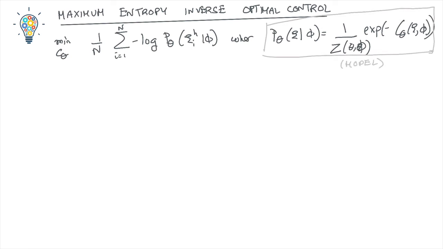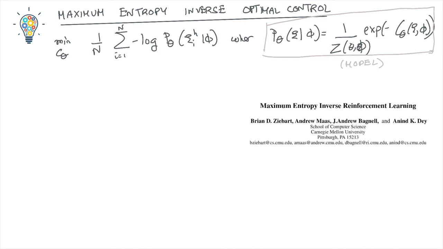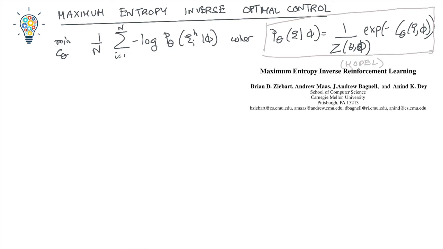So that's your model. And for more details, I recommend checking out a paper by Ziebart et al. called Maximum Entropy Inverse Reinforcement Learning. And for more details, I would recommend reading Brian's thesis as well.